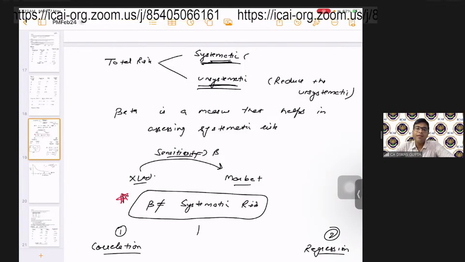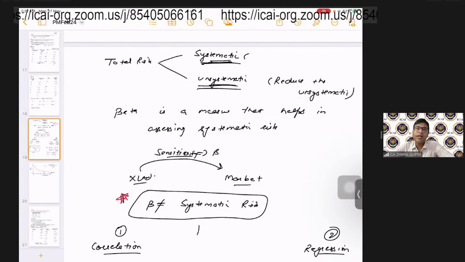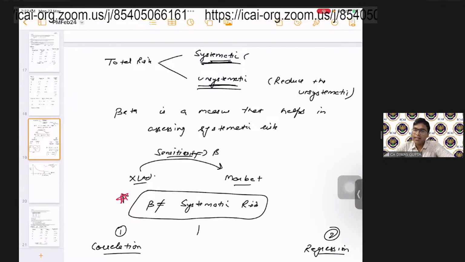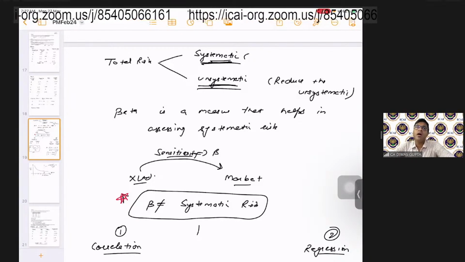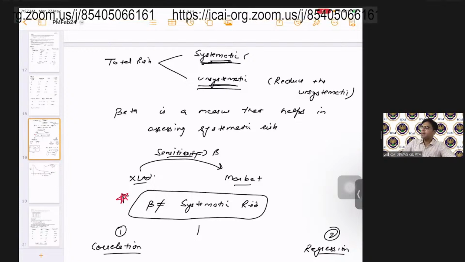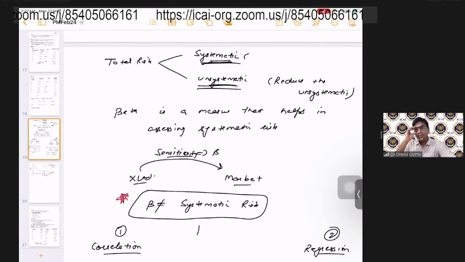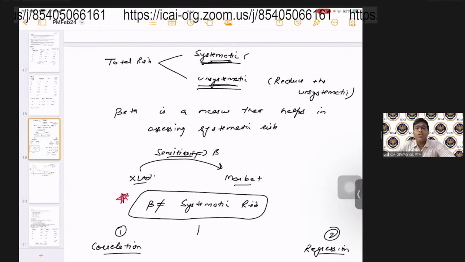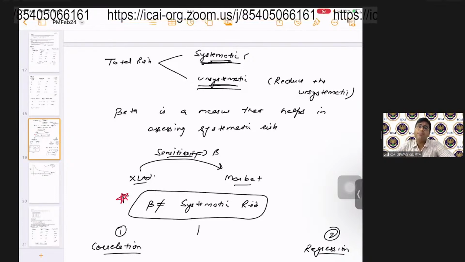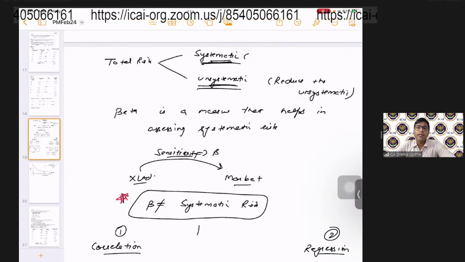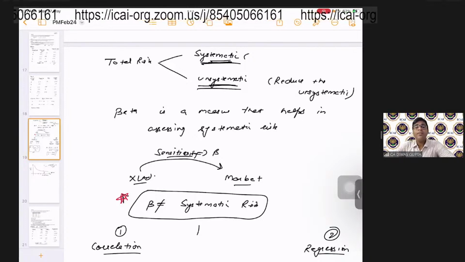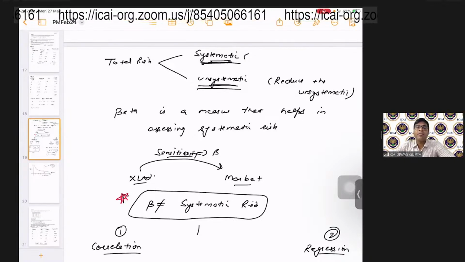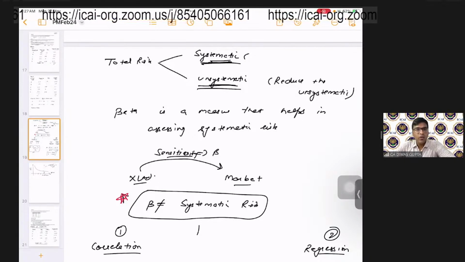So, for example, there is a market. By market, I mean the entire economy put together. Let's say all the shares of the companies operating in an economy put together, which is as good as the Bombay Stock Exchange or the National Stock Exchange or any other recognized stock exchange on a national basis. Then you have different equity shares trading on those stock exchanges.